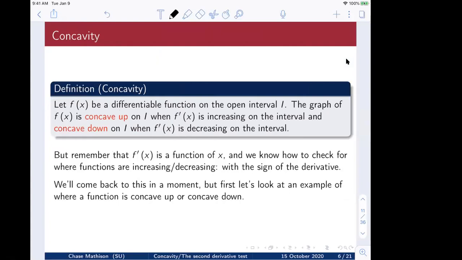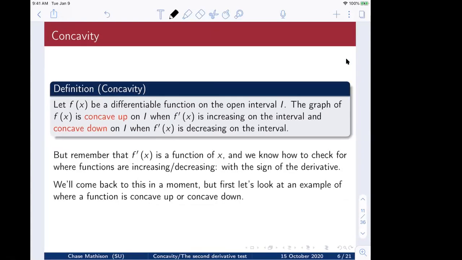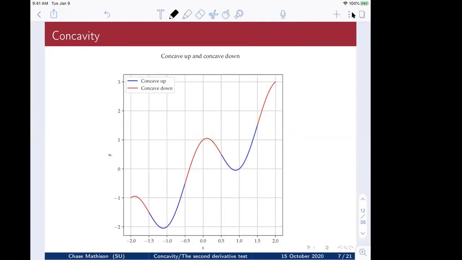It's a mouthful, so I'm just going to say concave up, concave down. Could we say convex? No, I'm not going to use the word convex in this class at all. But if you have seen what's called a convex function, feel free to use the word if you understand what it means.